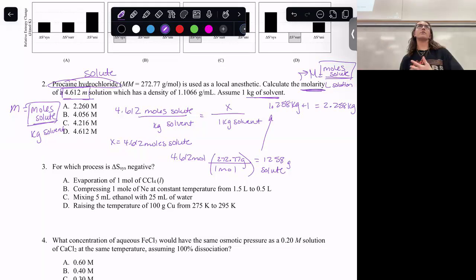Right, or you can add 1,000 if you want to do grams and kilograms. So in order to get to milliliters, or in order to get to liters, you're going to go back and forth between 1,000 a lot. We can have 2,258 grams equal to 1 over X, because we don't know our milliliters, over 1.1066 gram per mil.